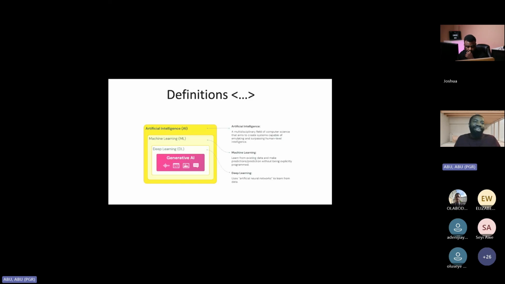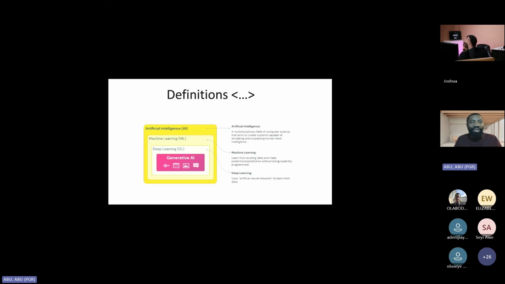And a subfield under AI is machine learning, which is most of the AI that we see is actually machine learning. And then some maybe natural language processing that goes on behind the scene. But machine learning is the ability for the computer to learn from data and make predictions. So what we are trying to do mostly when I talk about machine learning is predictions.